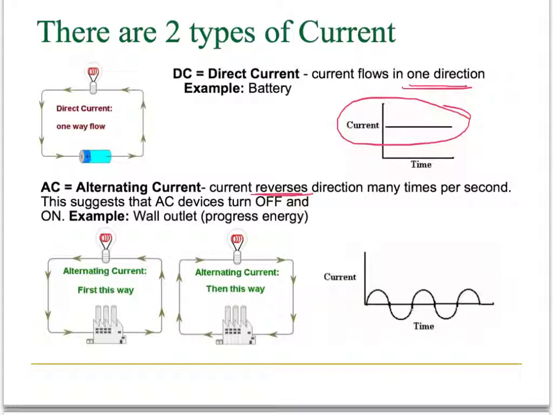Now, since AC can be turned off and on, the amount of electricity that is flowing for a particular period of time is not constant. It actually fluctuates, as represented by this graph. We use AC to operate equipment that needs a large amount of electrical energy.